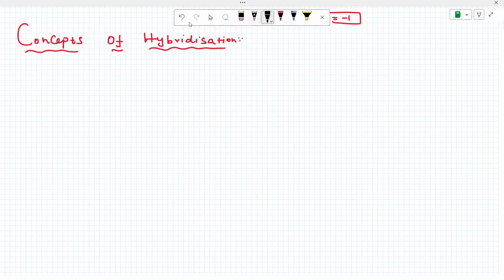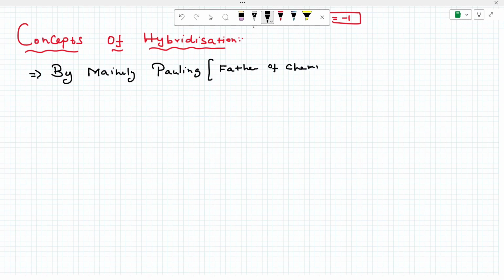Please note, this was mainly found by the scientist Pauling. Pauling is the father of chemical bonding. He discovered many concepts.